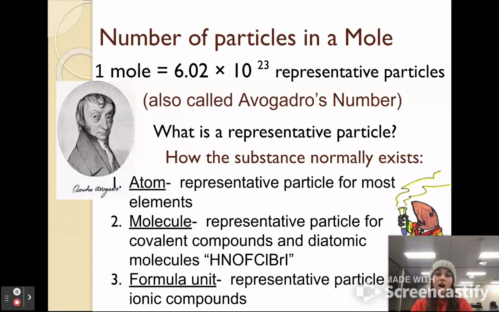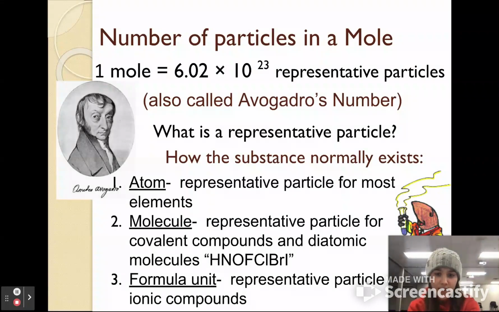Crazy stuff. 1 mole, right? We always use our moles. This is an extremely important number to remember. 1 mole equals 6.02 times 10 to the 23rd particles. And if you remember back to August or September, I had you write this number out in scientific notation with all the zeros.